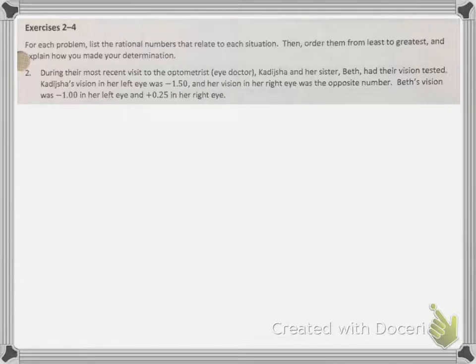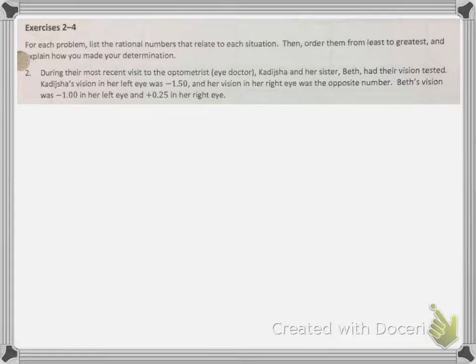So here's the solution. We're going to write down a list of rational numbers and then order them from least to greatest. During the most recent visit to the optometrist, which is an eye doctor, Khadijah and her sister Beth had their vision tested. Khadijah's vision in her left eye was a negative 1.50, and her vision in her right eye was the opposite number.